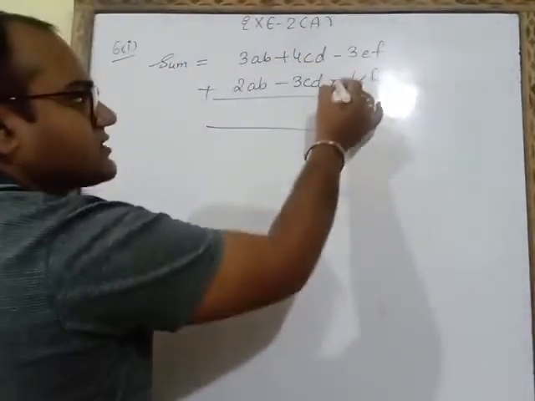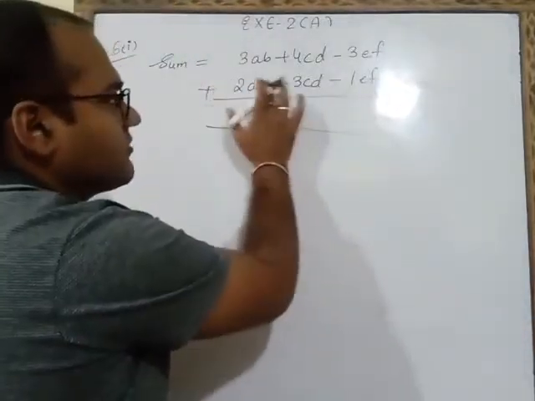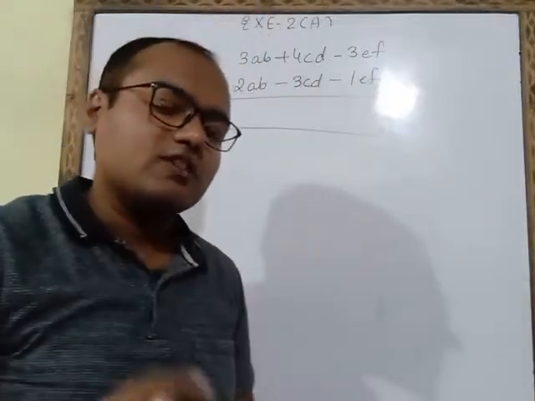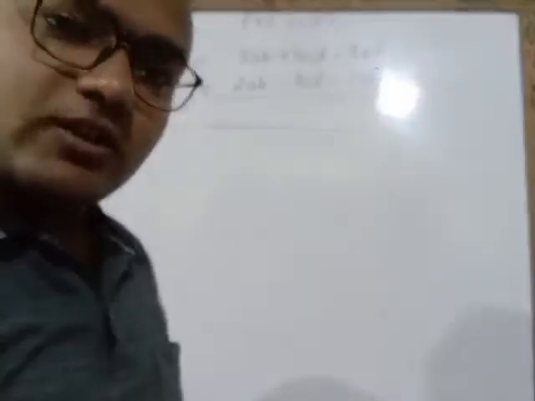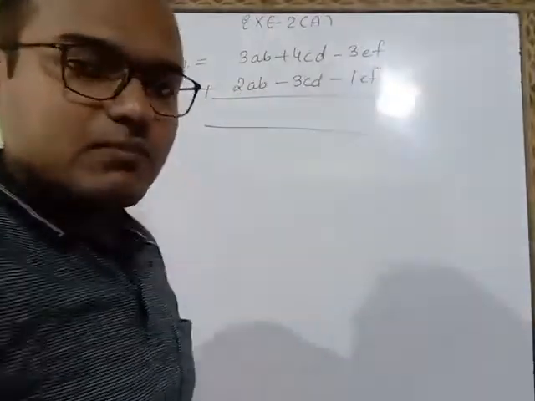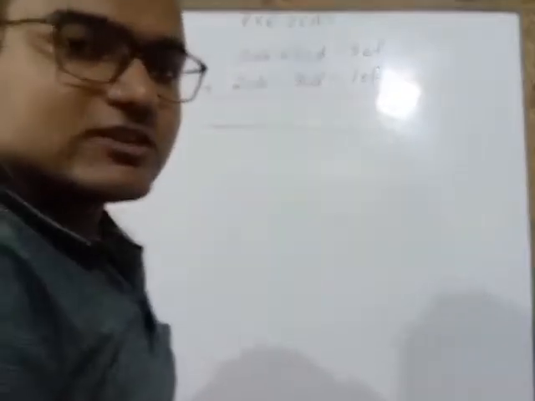So this is minus 3 and this is plus 1. We will not change the sign here. We will not change the sign as we had done in the previous question. Why? Because in the previous question you have to do subtraction. For subtraction you have to change the sign of these downside numbers, but this is not subtraction, this is the sum. So sum means no need to change the sign.